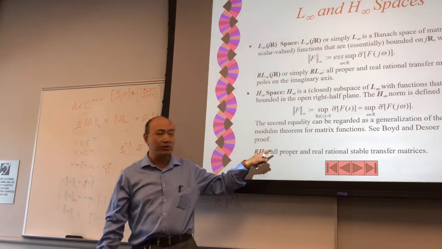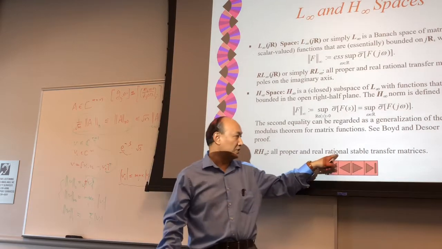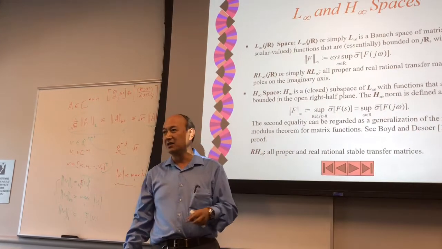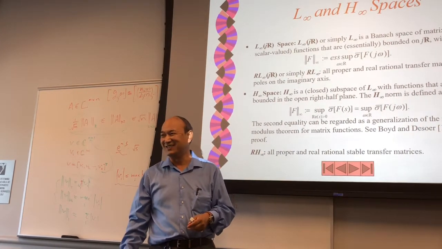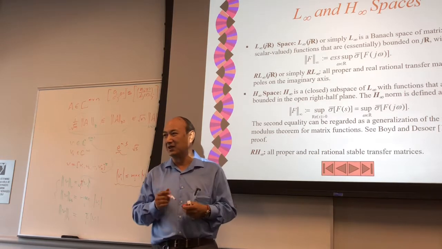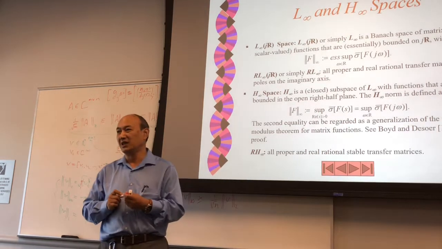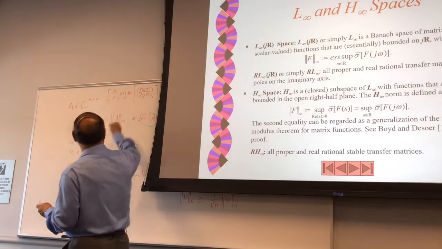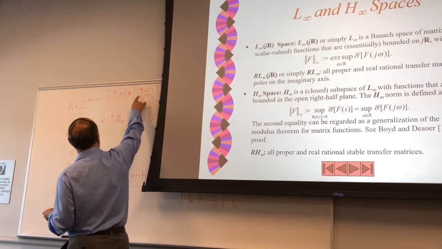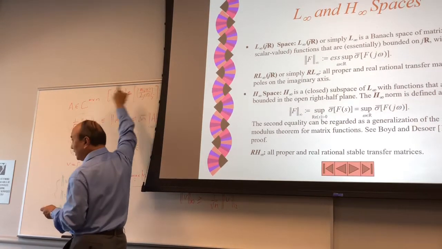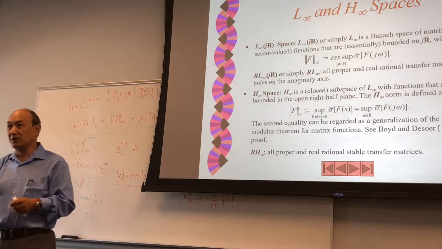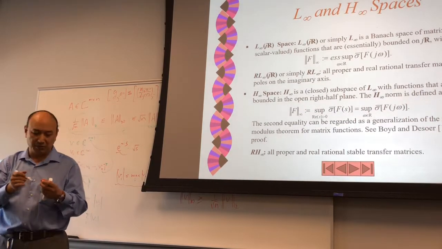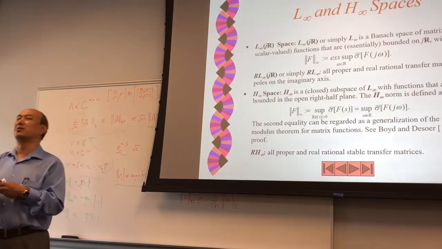Proper is saying that it's rational, then proper means the relative degree issue. So improper is when the degree of this one is greater than this one, not even equal. So if it is equal, it's still proper, but it's not strictly proper, okay?